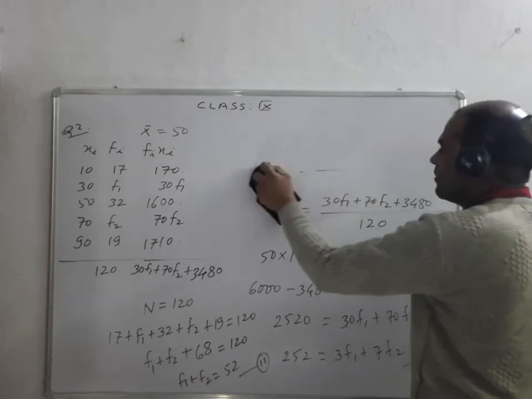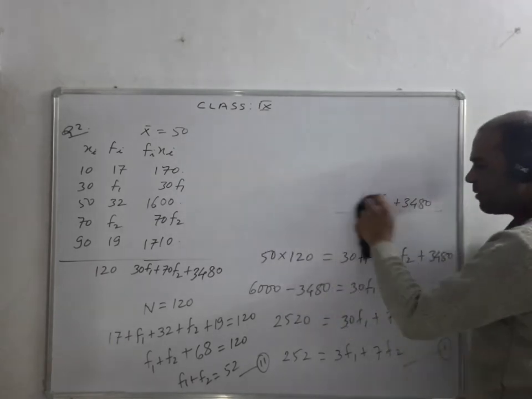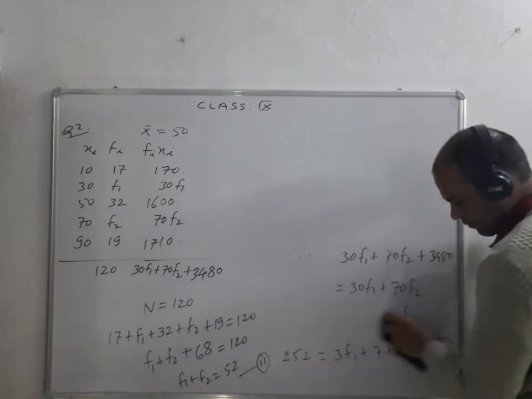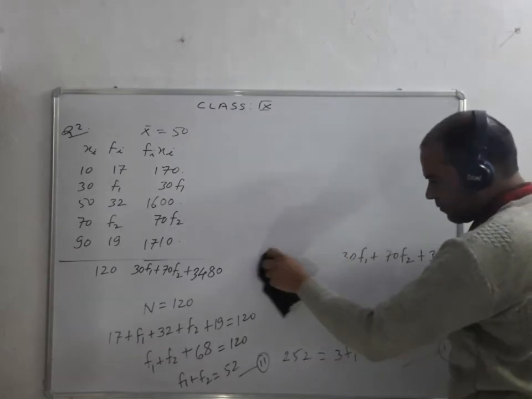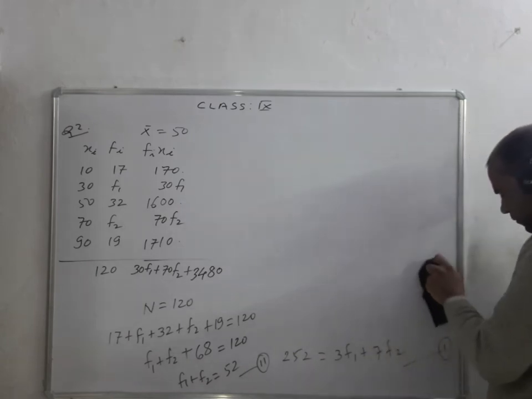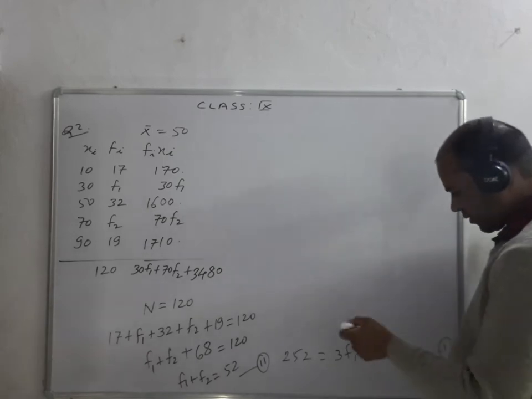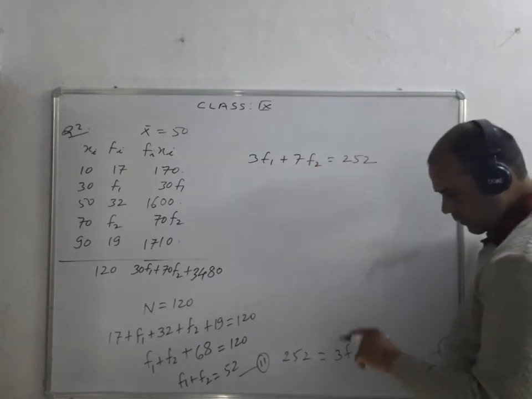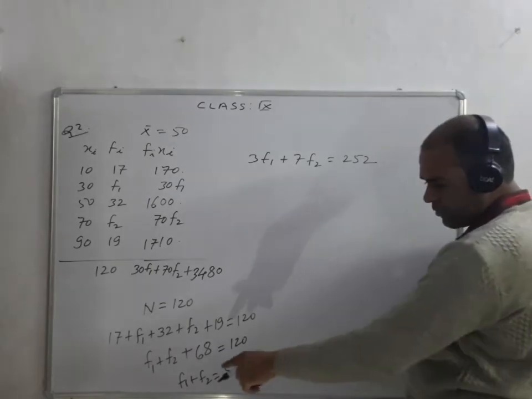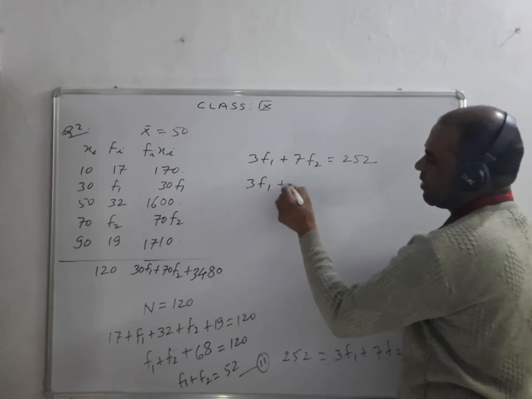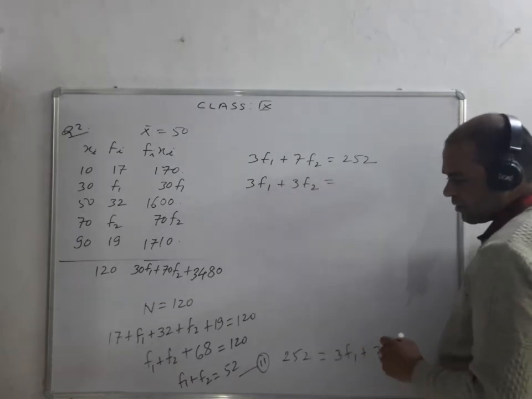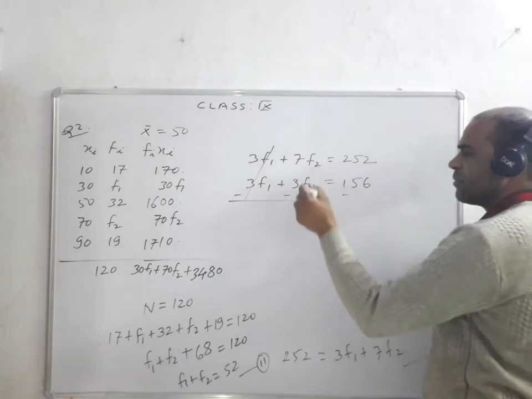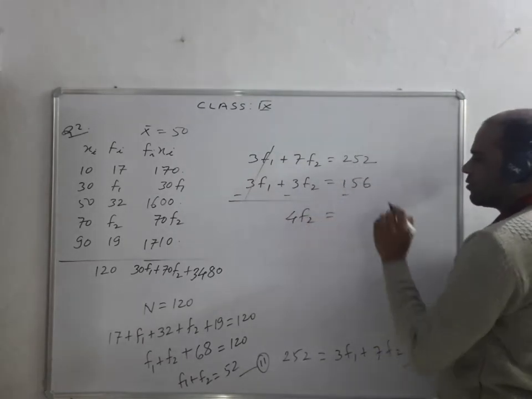So again, find the value of f1 and f2 by the elimination method. 3f1 plus 7f2 equal to 252. This is equation first. Now multiply equation second by 3: 3f1 plus 3f2, and 252 by 3, 3 2s are 6, 3 5s are 15, 156. Whose difference: this cancels. 7 minus 3 is 4f2, and the difference 252 minus 156 is 96.